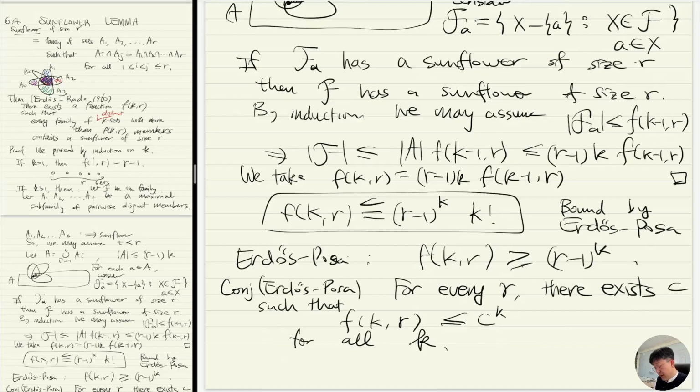So instead of having k factorial, you can reduce it. So k factorial is 2 to the k log k, right? So this log k factor can be removed.